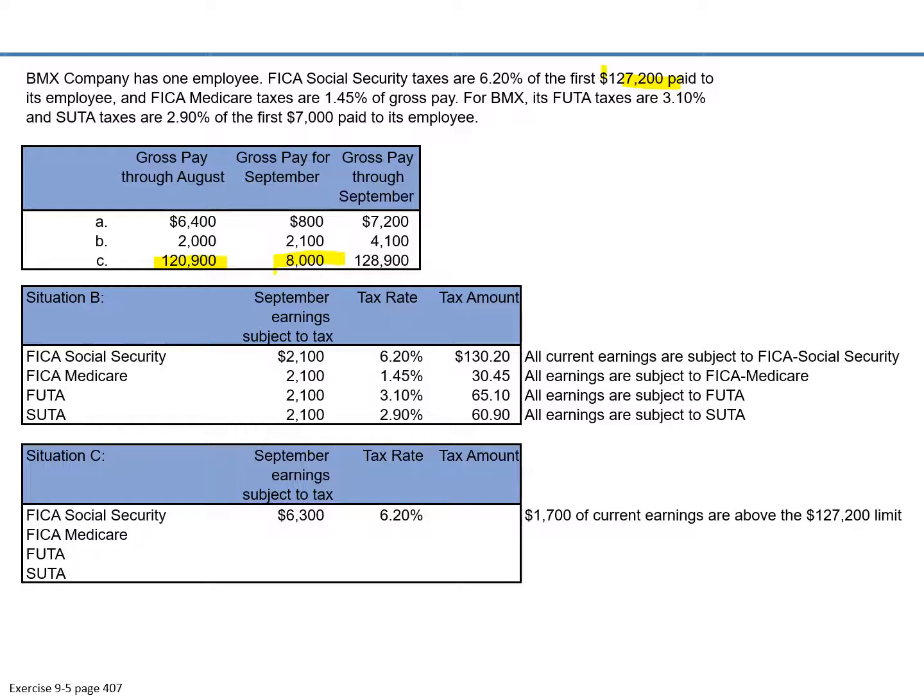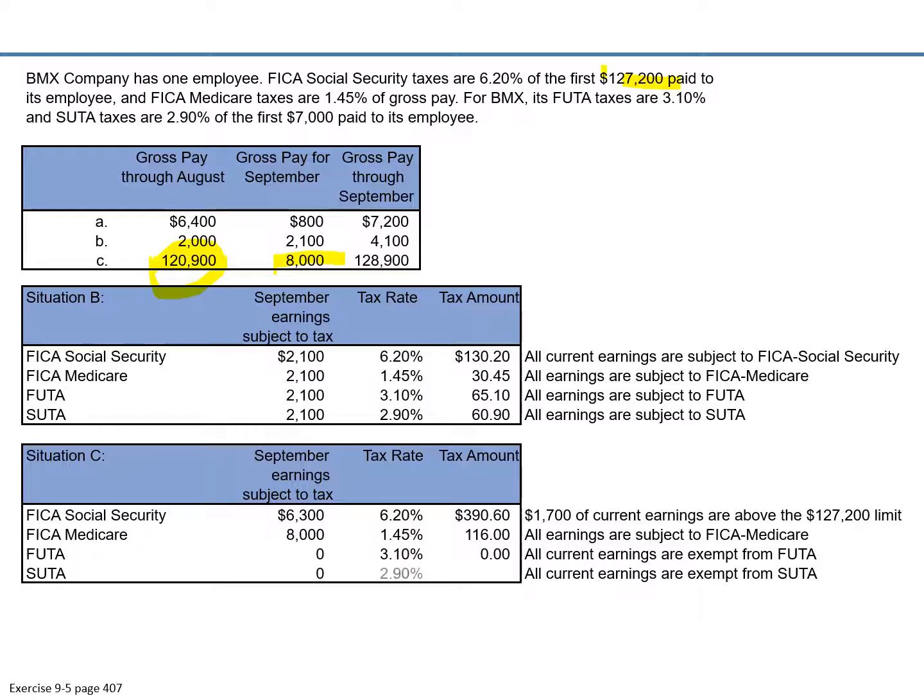So 6,300 times 6.2%. Medicare, oh, I'm sorry. The FICA Medicare taxes aren't subject to a threshold. So all wages are subject to FICA Medicare. So $8,000 times 1.45%. All earnings are exempt from FUTA because they've already reached that $7,000 threshold in the gross pay through August. And the same thing is true for SUTA.